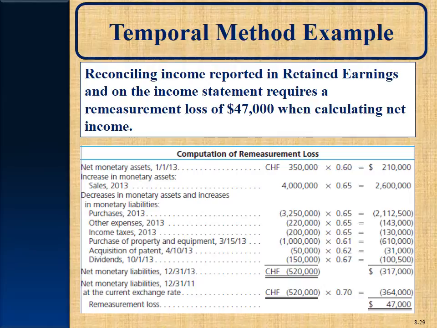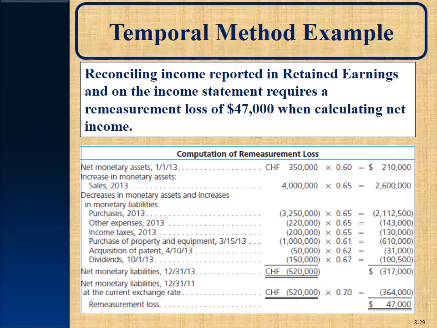Once again, net monetary assets at the beginning of the year were $210,000. 350,000 times 60 cents. The increase in monetary assets from sales were $4 million at 65 cent a conversion. Purchases, your expenses, your income taxes, all being converted at their historical rates or some type of average. Acquisition of your patent, your PP&E, and your dividend declaration would lead to net monetary liabilities of $317,000.